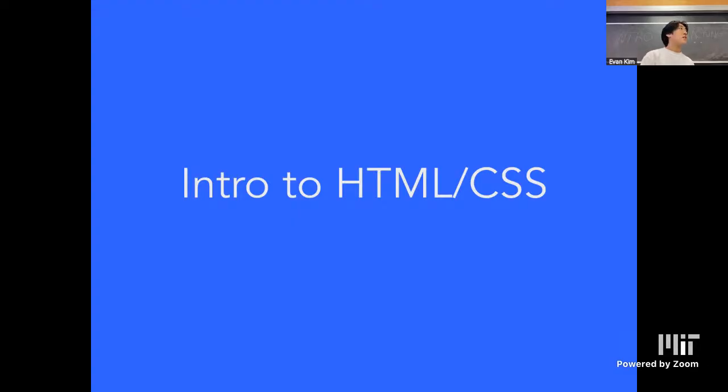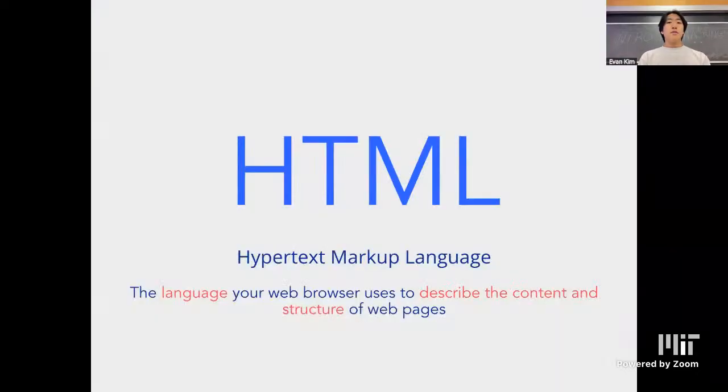Okay, it's about half. HTML and CSS are the most bare bones way to make a website, at least on the front end. When you interact with a website, you're interacting with the HTML and the CSS, and that's what determines what gets displayed to you.